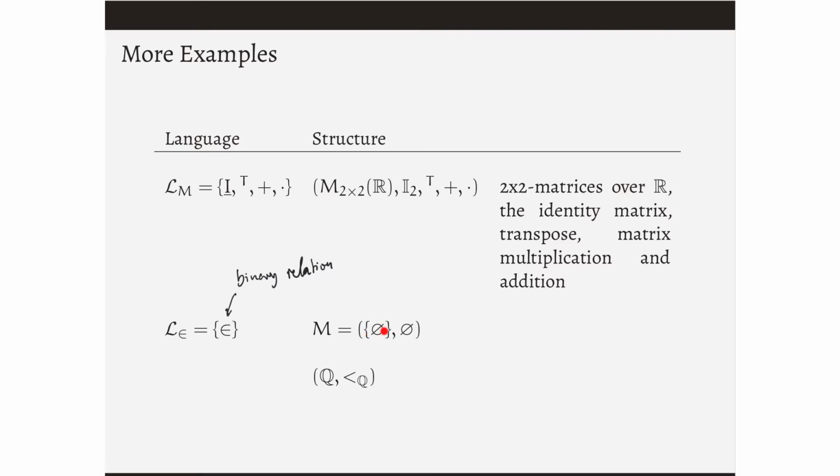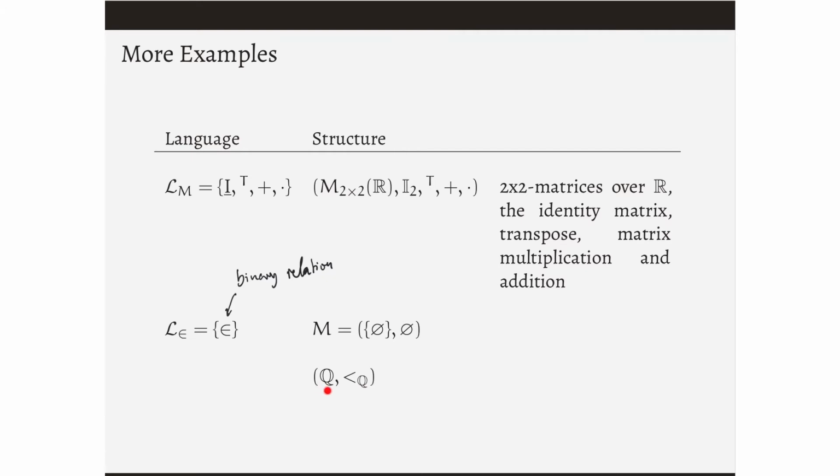So why not take the set that just contains the empty set? That's not an empty set, right? It has one element, the empty set. And then we need to give an interpretation of a relation symbol, right? This can be any subset of the universe squared, right? So in this case, we can even choose it to be the empty set.